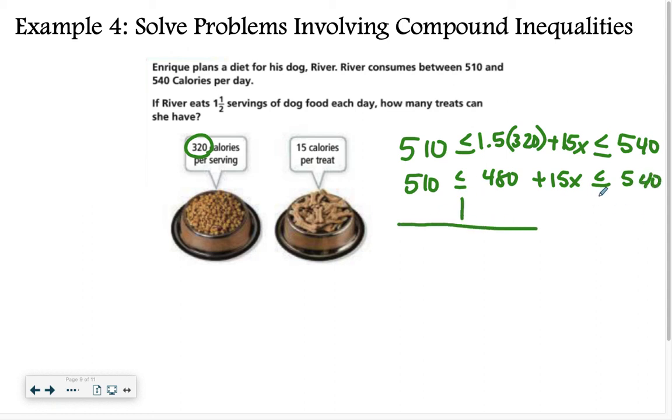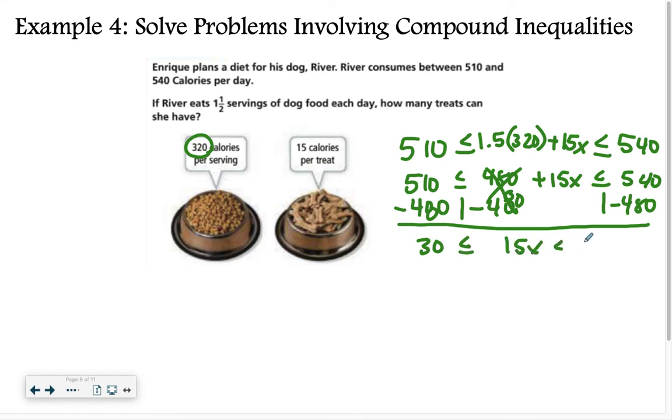Now, if I subtract 480 from everywhere, so from the middle, so that way it cancels, from the left side, and then from the right side. So 510 minus 480 is 30, is less than or equal to 15x, is less than or equal to 60.